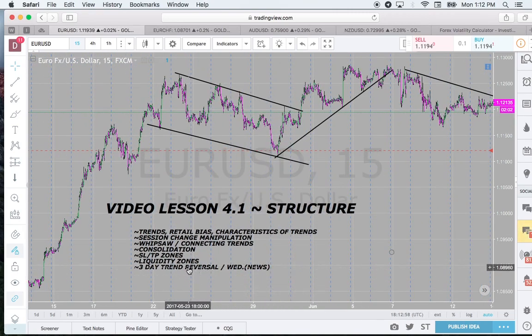And when this takes place, a lot of times a reversal will happen, or a retrace of some sort will happen.